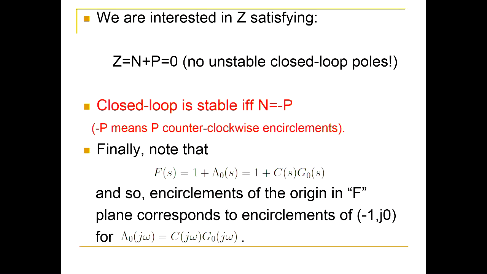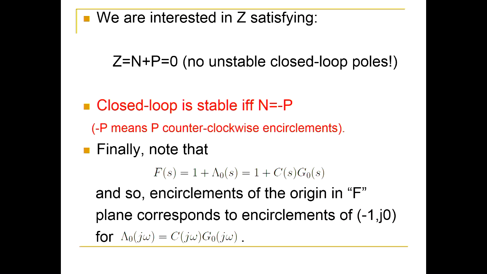All right. So we are interested, obviously, in z equals 0, right? So n plus p should be 0. That's what we stated earlier. So the closed loop is stable if and only if n is equal to minus p. Minus p means p counterclockwise encirclements of the critical point by lambda of j omega.